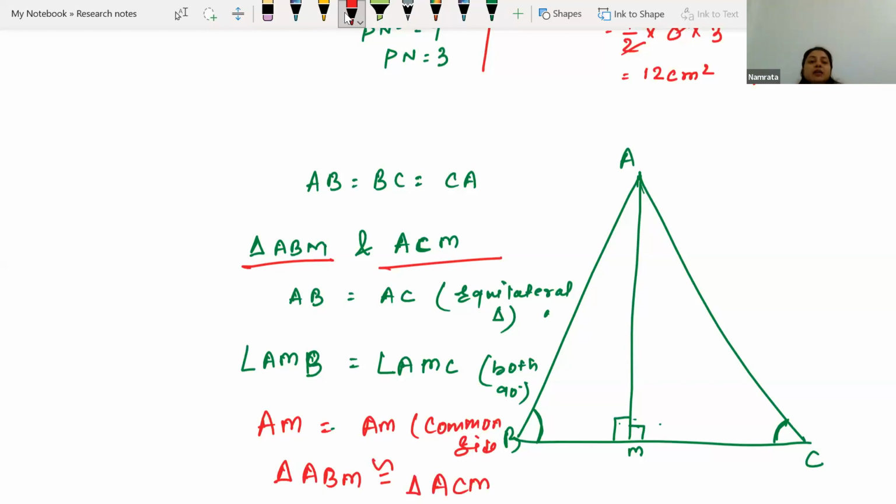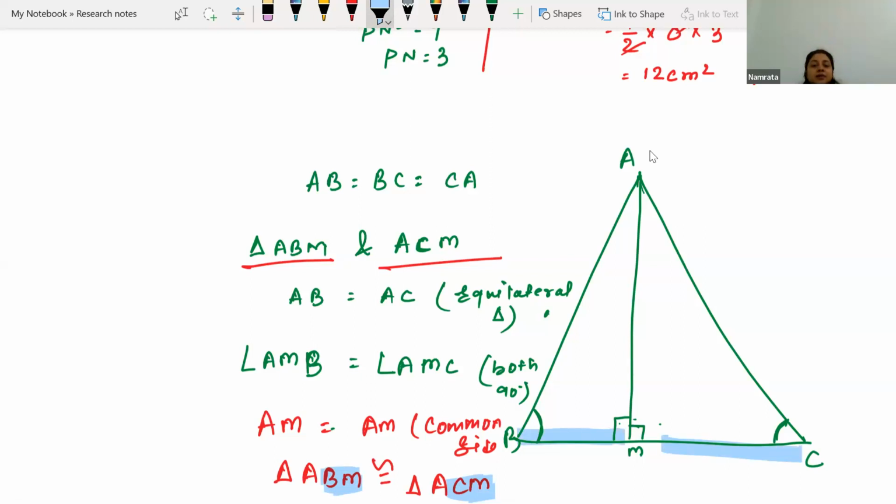The corresponding parts are side BM and side CM, which will be equal by CPCT. That's why I'm saying that BM and CM will be equal once we drop a perpendicular.